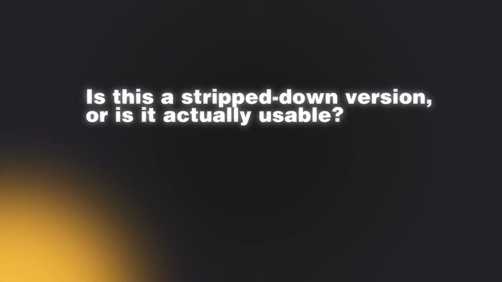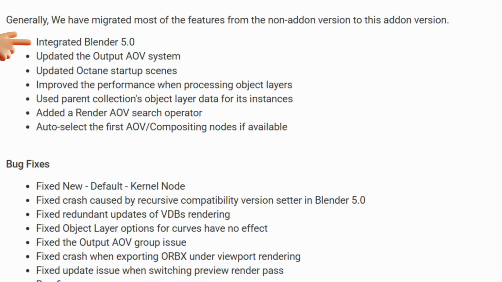Now the next concern is obvious. Is this a stripped down version or is it actually usable? The good news, most features from the non-add-on version have been migrated into the add-on build. That includes full Blender 5.0 integration and an updated AOV output system, updated Octane startup scenes, and improved performance when processing object layers.